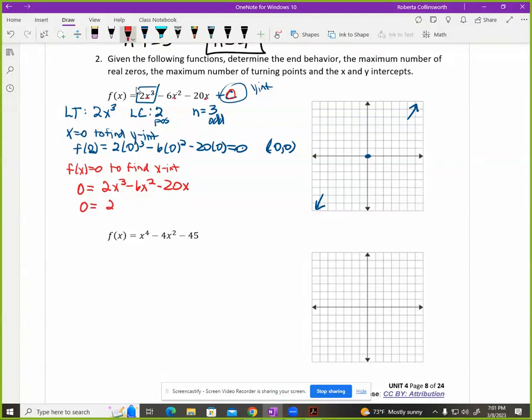I have a 2 and x. That's my greatest common factor. 2x times x squared is 2x to the 3rd power. 2 times negative 3 is negative 6. And x times x is x squared. 2 times negative 10 is negative 20, and I factored out the x. So now I can factor this quadratic.